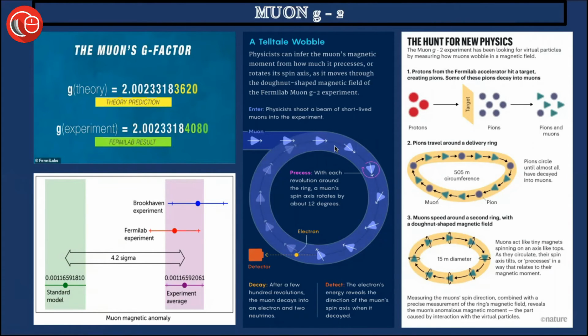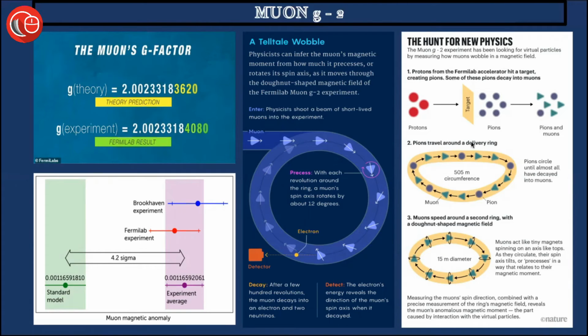Now let's have a look at how muons are produced. The protons from Fermilab are accelerated and hit a target, creating pions, and some of these pions decay into muons. So the protons hit a target and become pions, and some of these pions become muons.